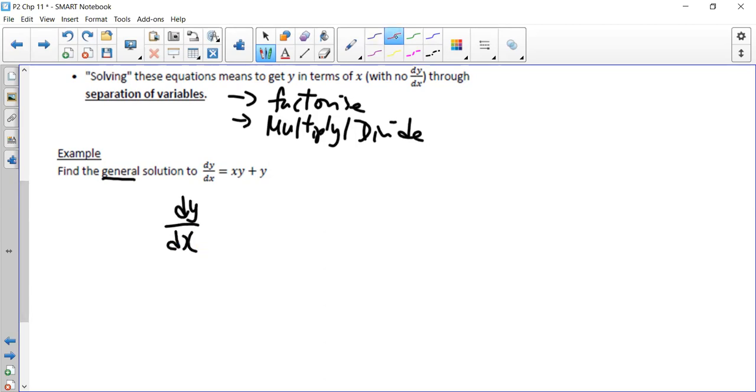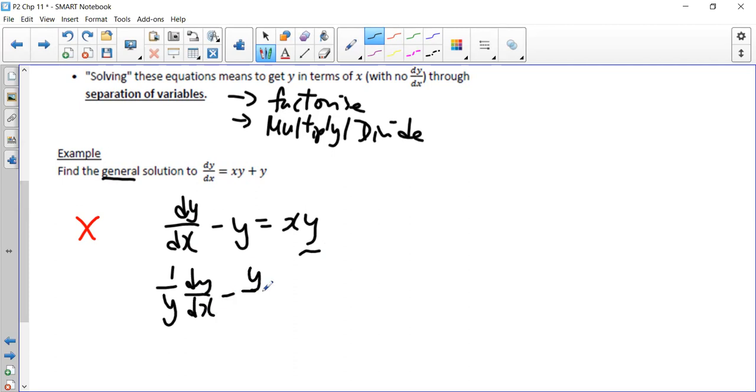Let's say we're trying to subtract y on the right hand side, okay? This won't work because you've got y, and then let's say you try to divide by y. Then what's the problem? The problem is there's still a d, so that won't work, and that won't work either because you still got a dx. Okay, so these are the problems in here.